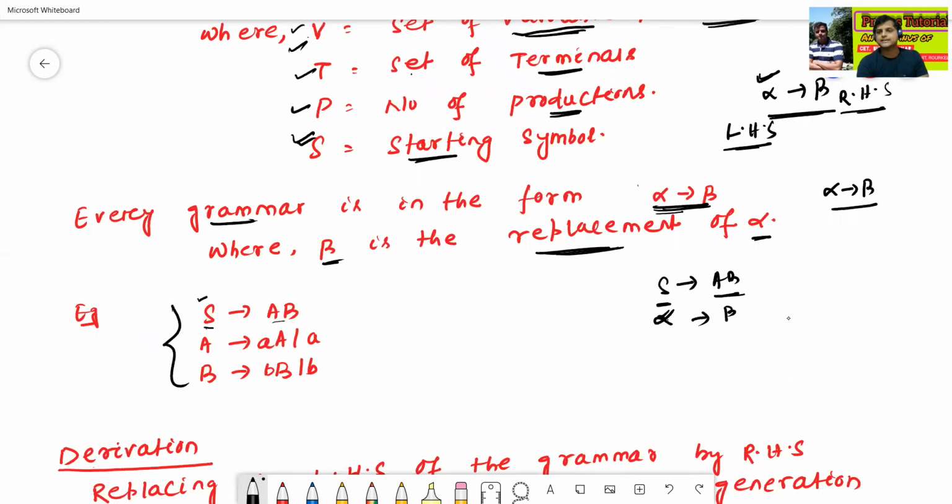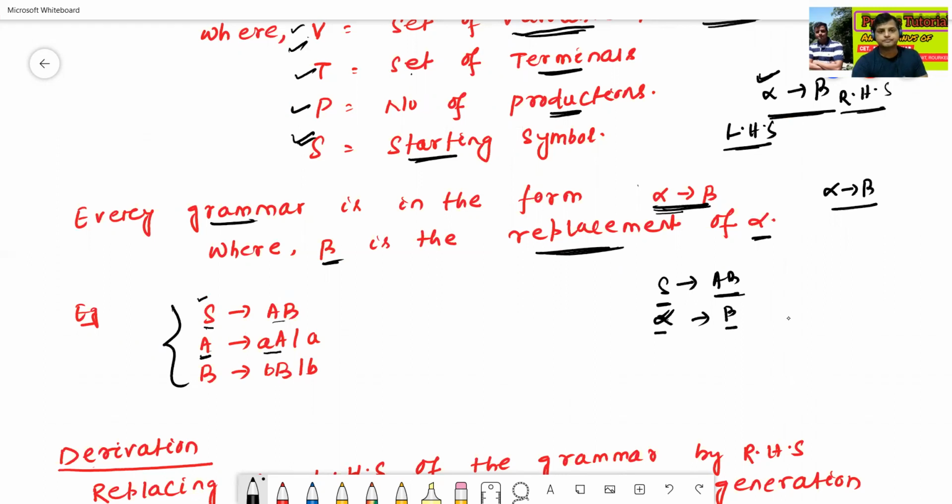Similarly, in A to A, the first A is the alpha part and the second A is the beta part.